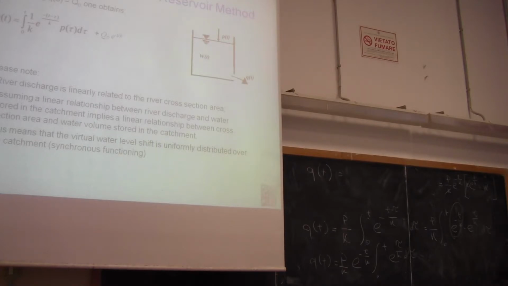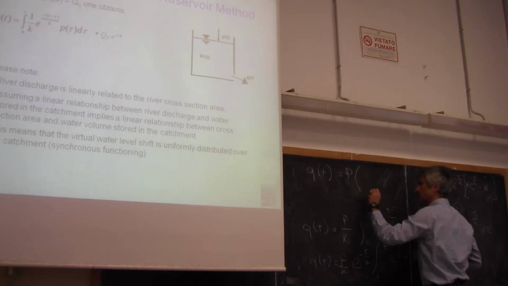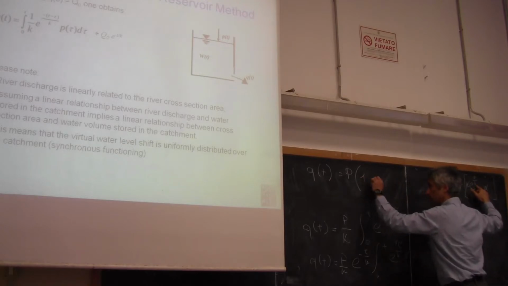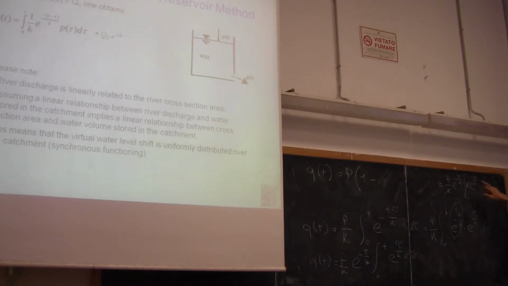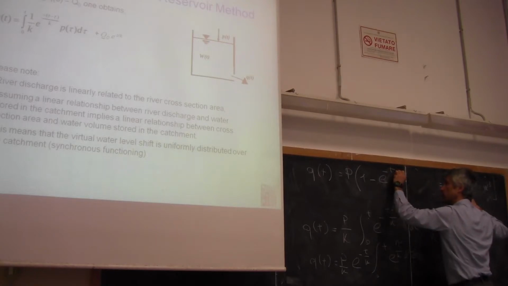Okay, so basically what we get is P times, now, e to the power of minus t over k times e to the power of t over k is 1. 1 minus, this is 1, so it's just minus e to the power of minus t over k.